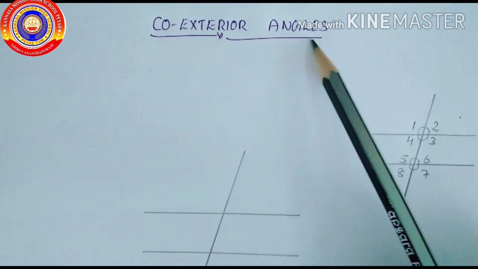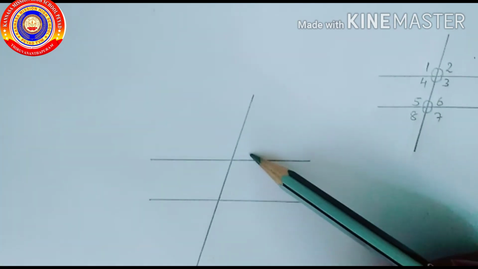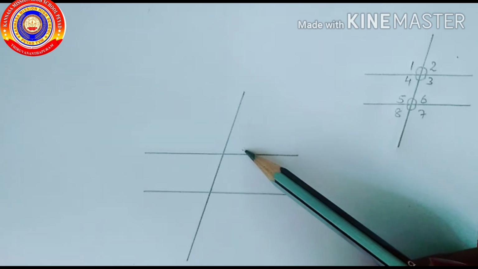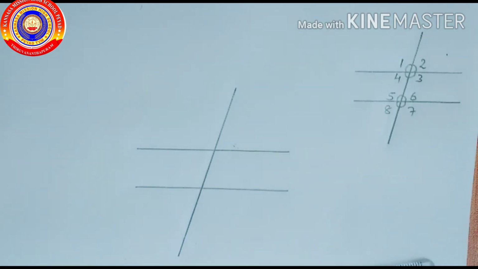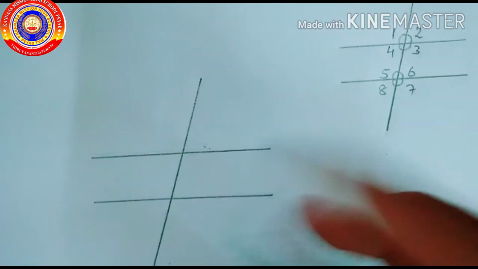Co-exterior angles. Exterior means outside. So the angles outside of the parallel lines are called co-exterior angles. There are a total of 4 co-exterior angles and 2 pairs.